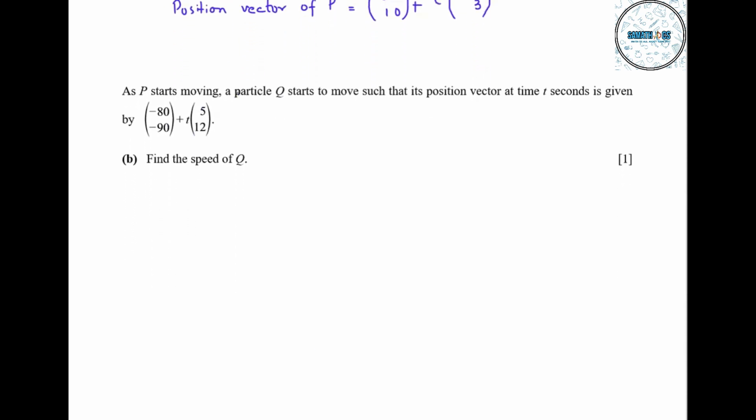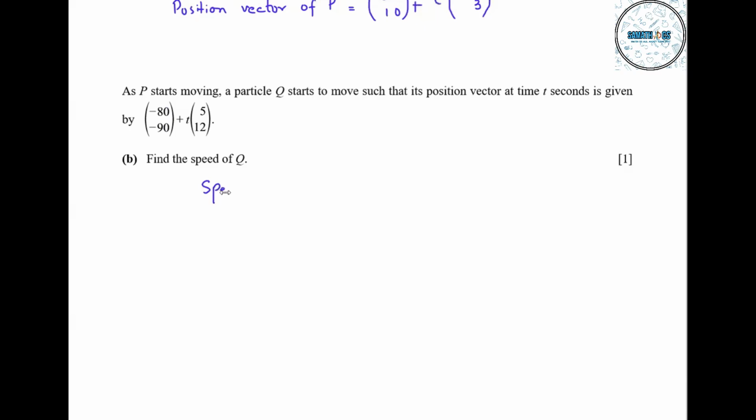As P starts moving, a particle Q starts to move such that its position vector at time t seconds is given by minus 80, minus 90 plus t into 5, 12. Now find the speed of Q. For the speed of Q, we have to take the velocity vector of Q, which is 5, 12.